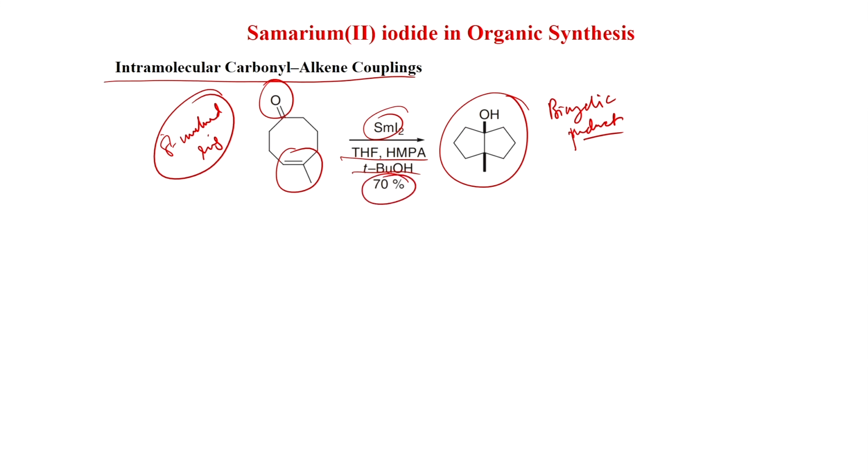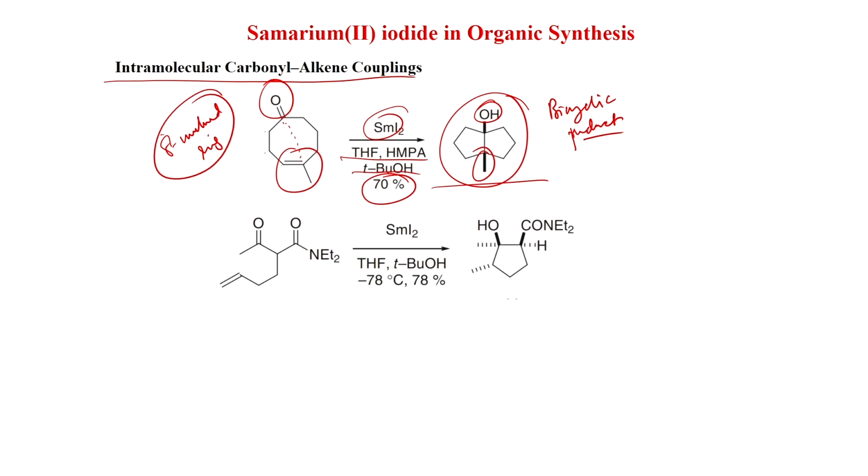So, here this reacts, 1, 2, 3, 4, 5, and this case also 5. So, a 5,5 bicyclic product is formed in 70%, and with high diastereoselectivity. OH and methyl are in the syn.